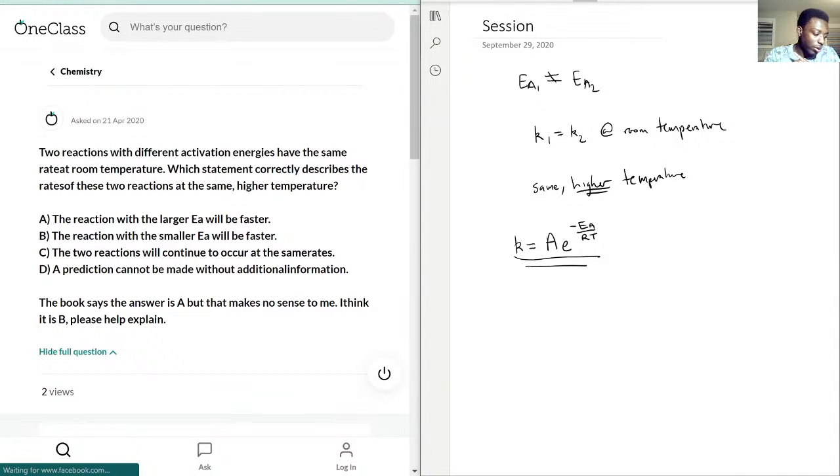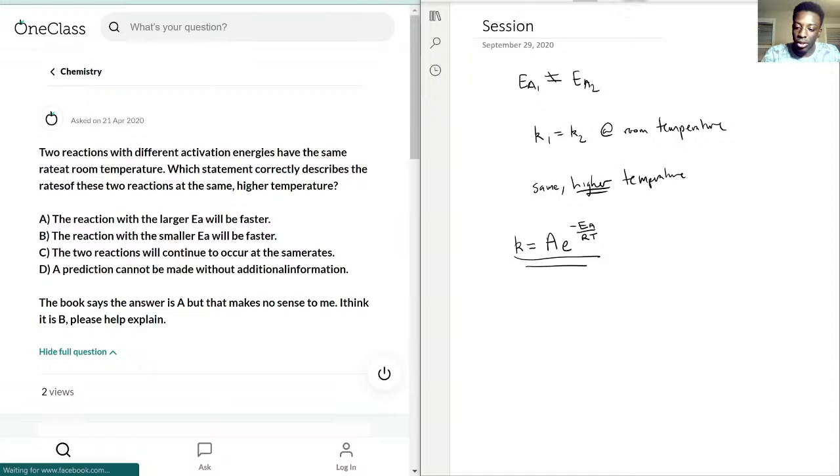Now the reason why I say that it's conceptual is because you have to really break this down. Because e is being raised to a negative number, you kind of have to do the inverse in terms of relationships.